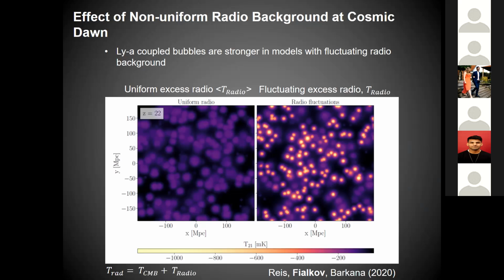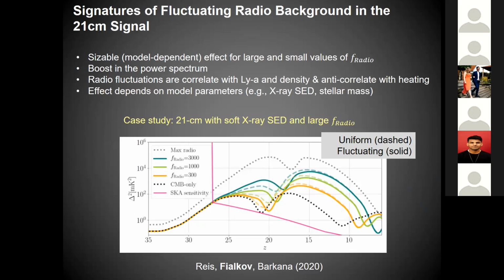Looking at the power spectrum here, I show extreme cases of strong radio to just make this effect more apparent. We see that compared to the standard case, which is just the CMB-only case, the bottom dashed black line on this plot, fluctuations are boosted. And here I again show the case of uniform extra radio background with dashed lines, and fluctuating radio background with solid lines.